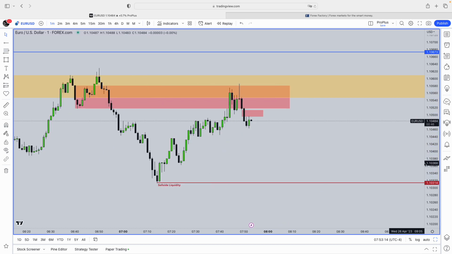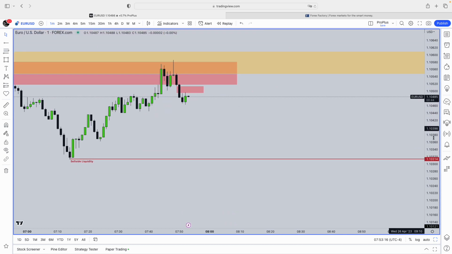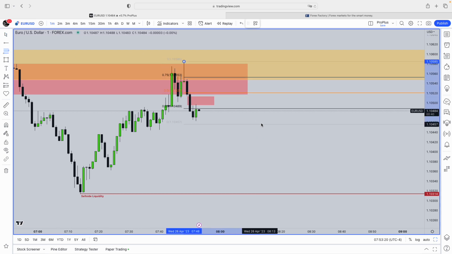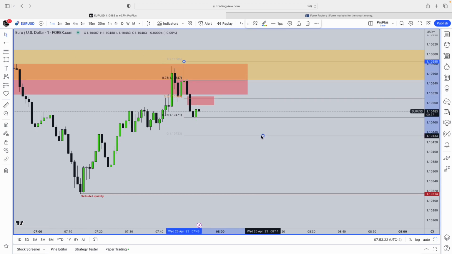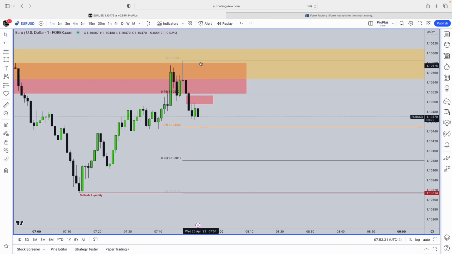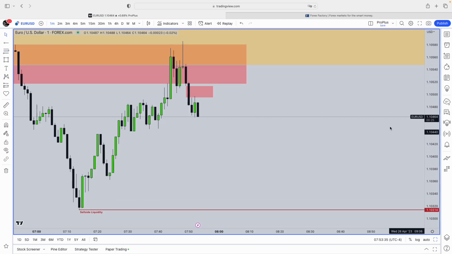So let's see how price reacts. If we're looking to target down here, let's see from here, that's where the equilibrium is, discount. If we're targeting down there, and if we're targeting down here, then it is in a premium, sorry. So yeah, let's see if it targets this low here.